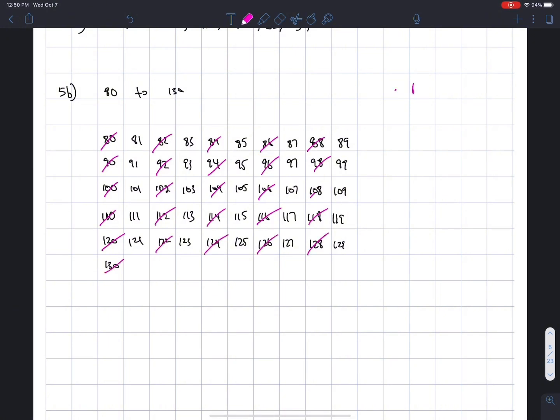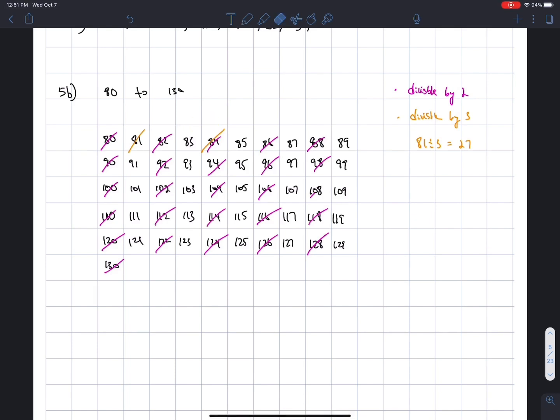So the first one is divisible by 2. The next one is divisible by 3. So I just need to find the first one that is divisible by 3. It should be 81. 81 divided by 3 is 27. So 81 is divisible by 3. And then after that, I just keep on adding 3, right? I really just keep counting, like 1, 2, 3. That's the third one, so I cross that out.